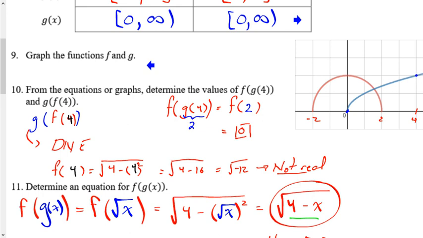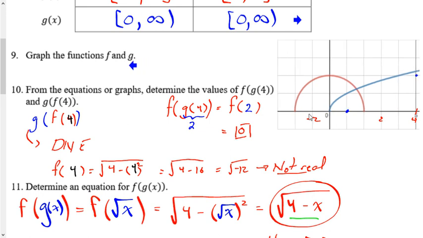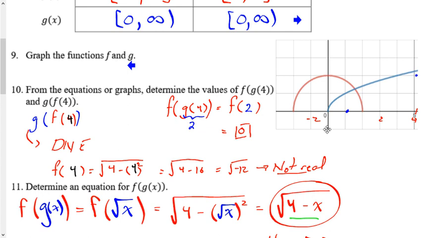Unfortunately, I should have pulled this over a little further, and we'll just adjust these over. Here's that point, and here's this point there. So what I'm saying is the y value of the blue function has to be less than 2.